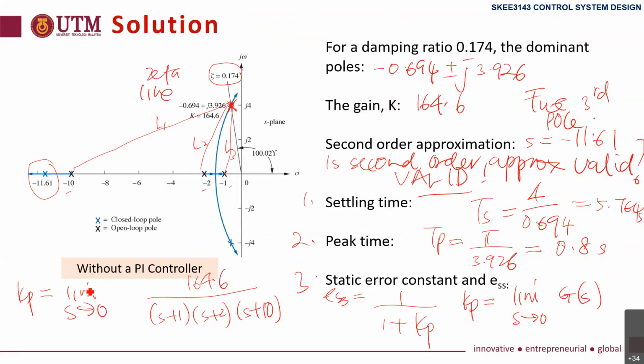So Kp, if you calculate, becomes 8.23. Therefore, the error is 1/(1+8.23) equal to 0.108. So we have settling time 5.764, peak time 0.8, and error 0.108. Error is not 0, because the system is type 0 and the input is a unit step input. It will not be 0.